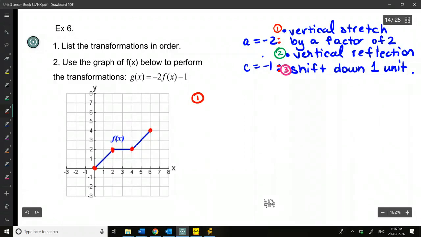Again, you can also use 1, 1 and 3, 2 and 5, 3, but I don't think we need that many points. So I'm just going to use these 4 important points here. So our f of x points are 0, 0, 2, 2, 4, 2, and 6, 4.